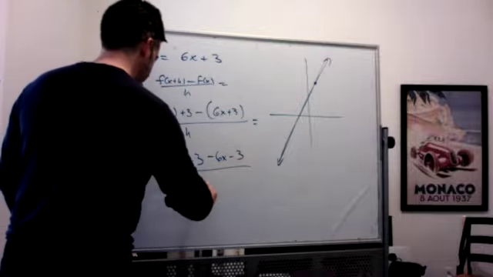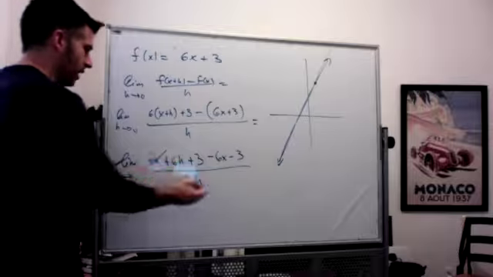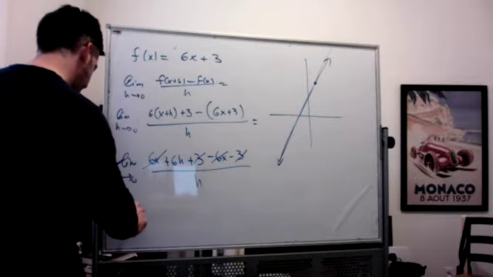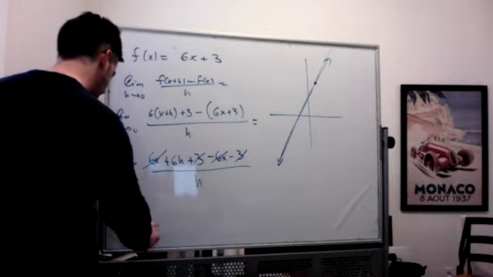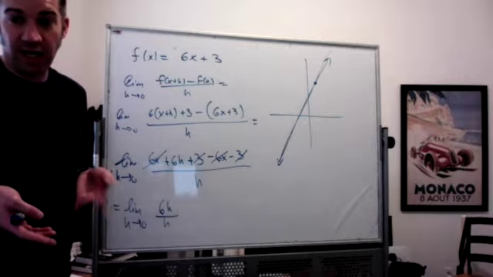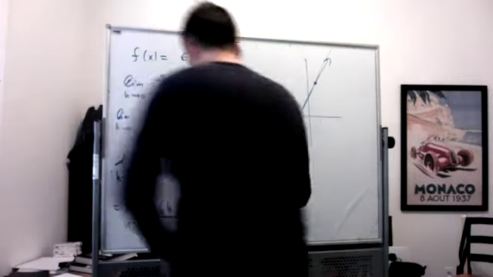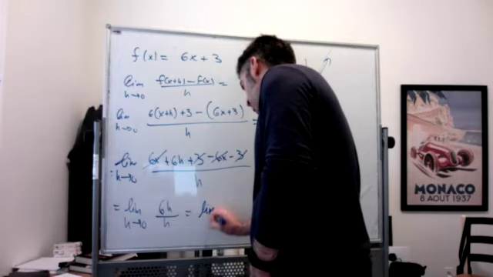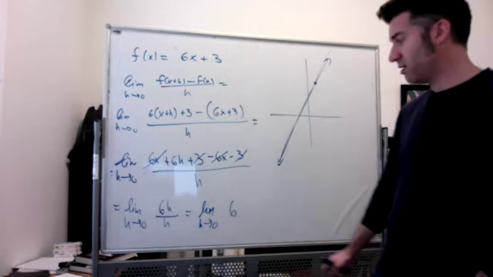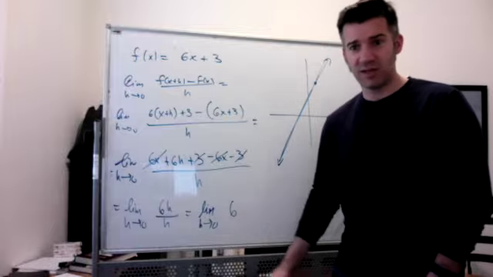And just like every other time, the not-h things cancel out. So here I get the limit as h goes to 0 of 6h over h. But 6h over h is just 6. So we have the limit as h goes to 0 of 6. What's the limit as h goes to 0 of 6?